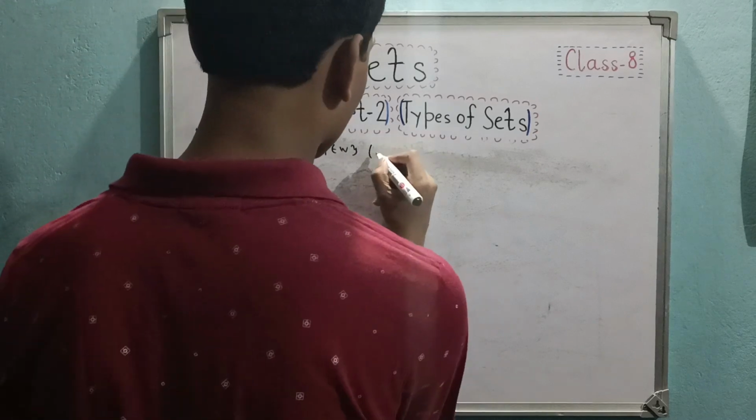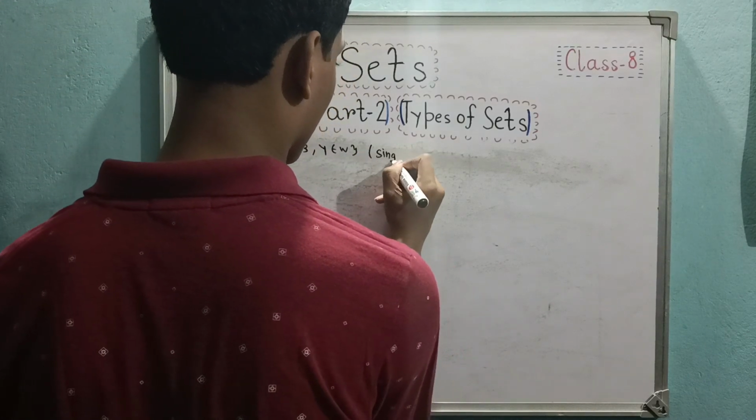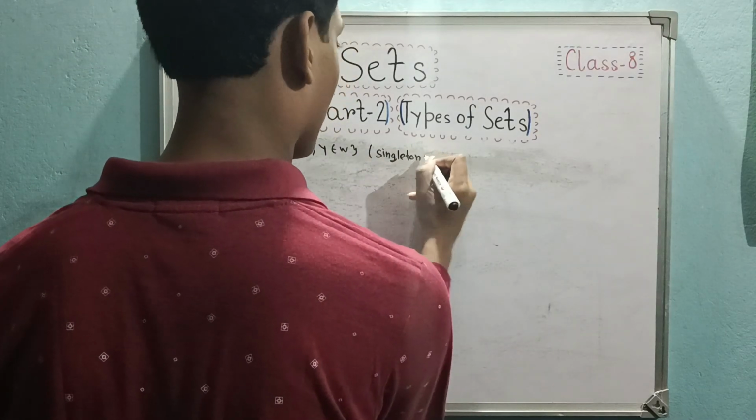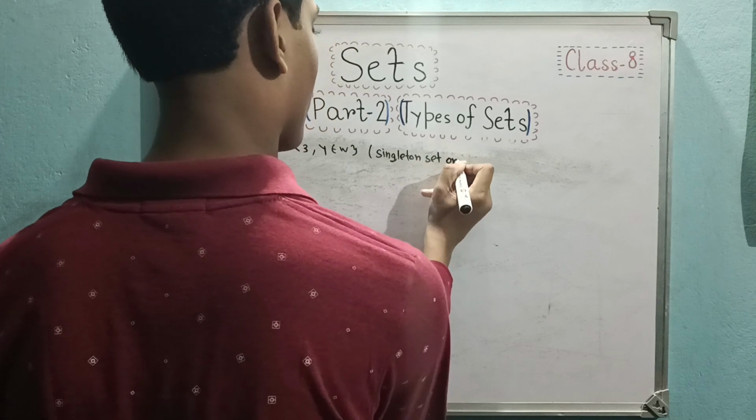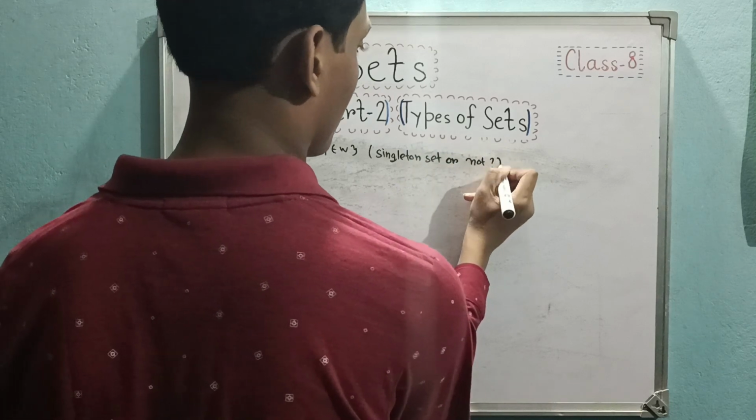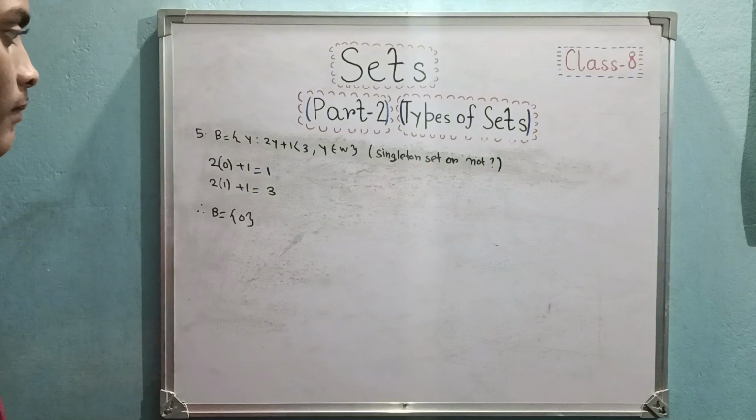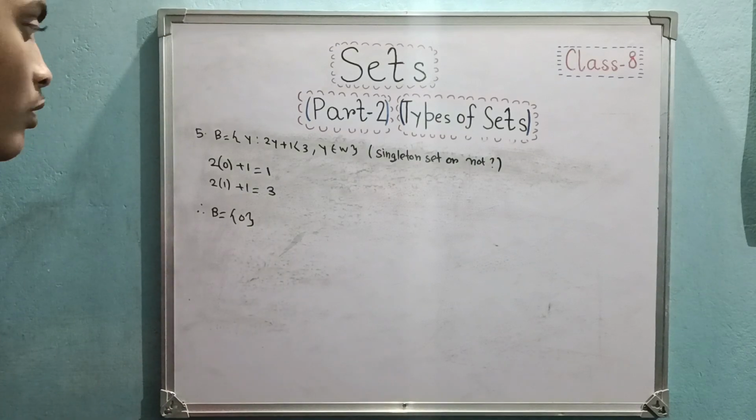We have to know whether this is a singleton set or not. So B has only one element, the whole number 0, which supports the equation, and we know a set that has only one element is a singleton set.